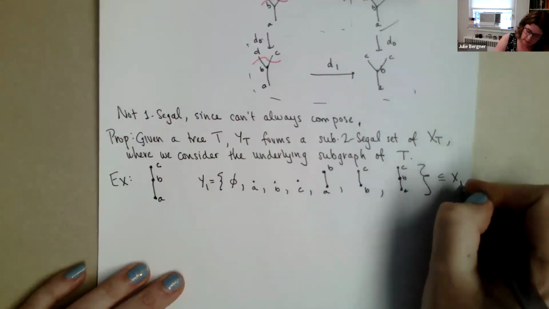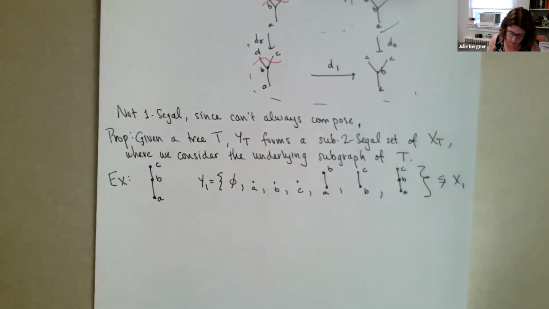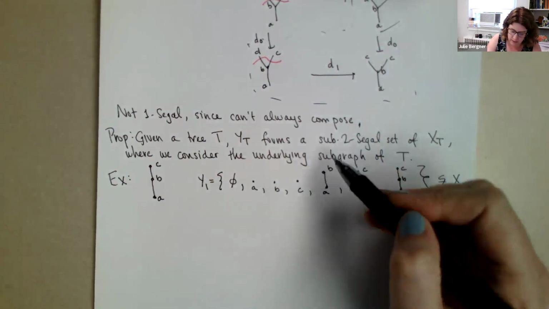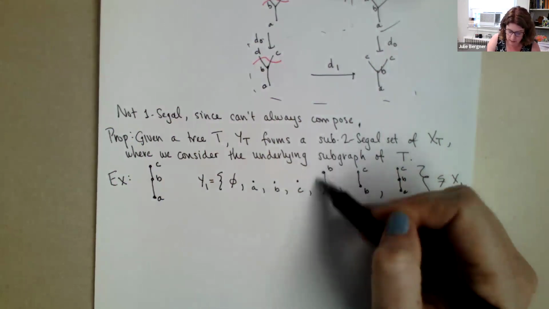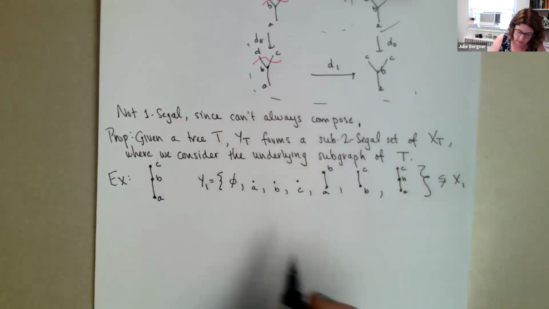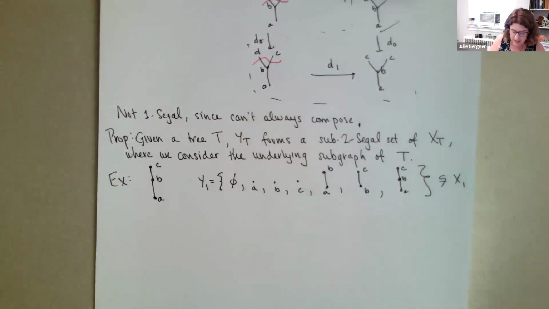So this would be a proper subset of X1. I can't get, for example, where I have this edge from A to B disjoint union with C, because if I separate these from C, that has to be by a cut. And so I can't get C together with it. I also can't get disjoint unions of various ones of these is the main thing.